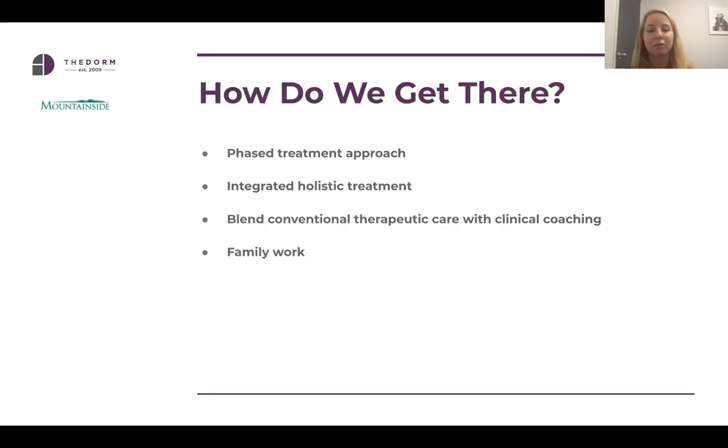What do I need to do long term to continue to feel good about myself and to continue to maintain the gains that I've made? The process of self-discovery and self-awareness and self-love, it is a journey. It is not like this final destination that you just get to, because life always throws curveballs.